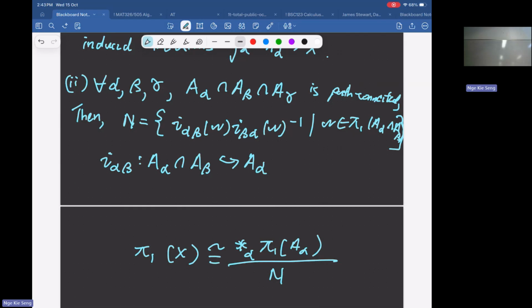But if you view it as a loop itself, actually they cancel out, because they are actually the same loop. But we purposely view it differently. This is another technicality of the free product. Does it make sense?